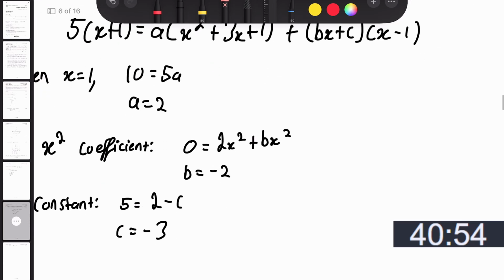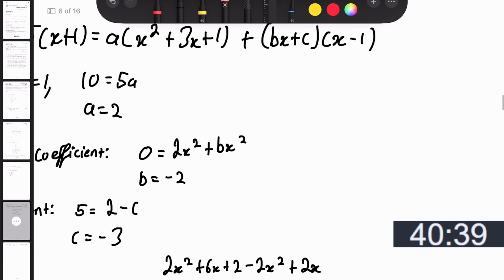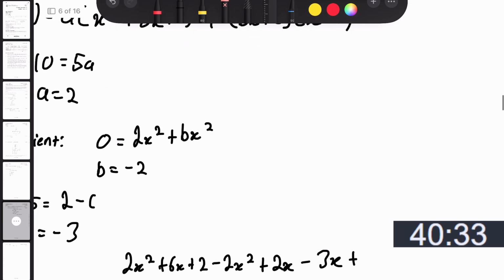If I expand this, let's see what I get. 2x squared plus 6x plus 2 minus 2x squared plus 2x. Cx is minus 3x and then plus 3.